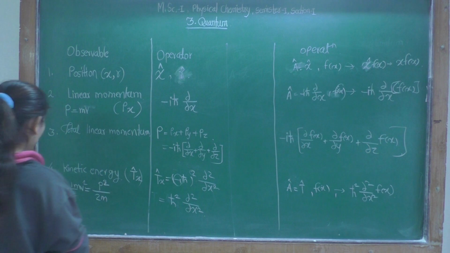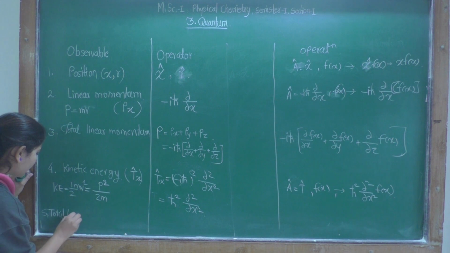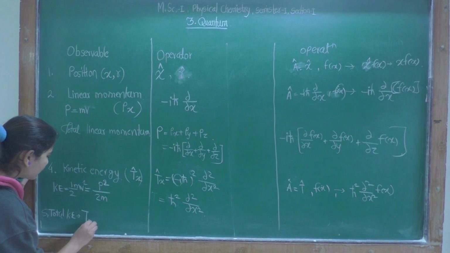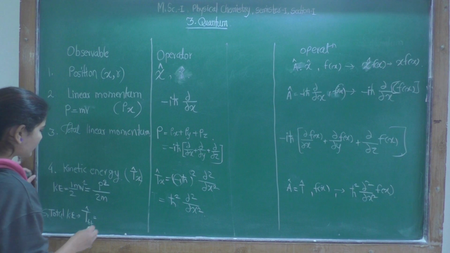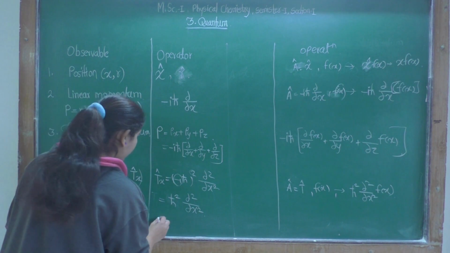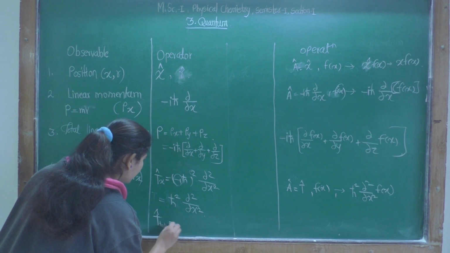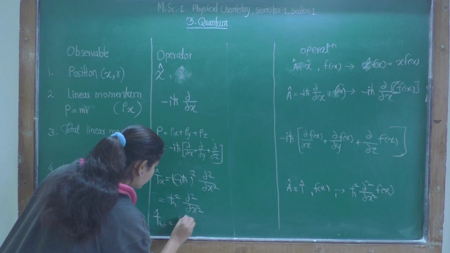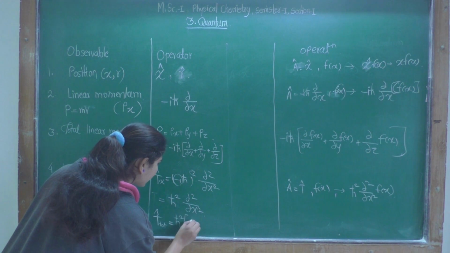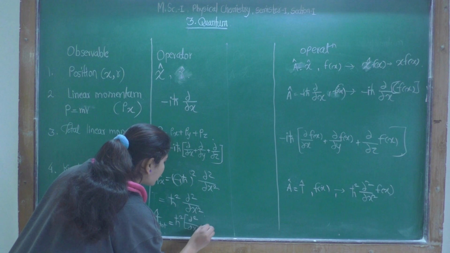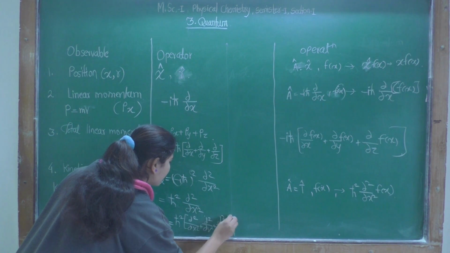Now, what will be the total kinetic energy? T cap total is equal to h cross square, in brackets, del square by del x square plus del square by del y square plus del square by del z square, along all three axes.